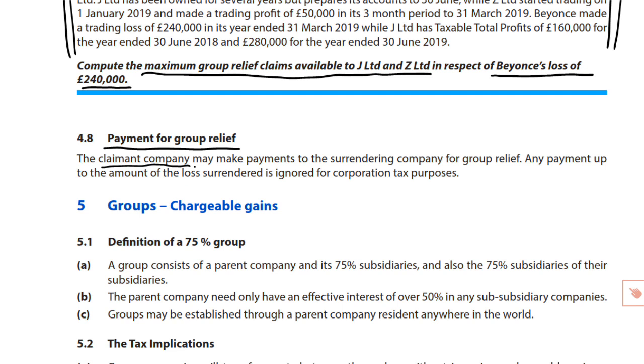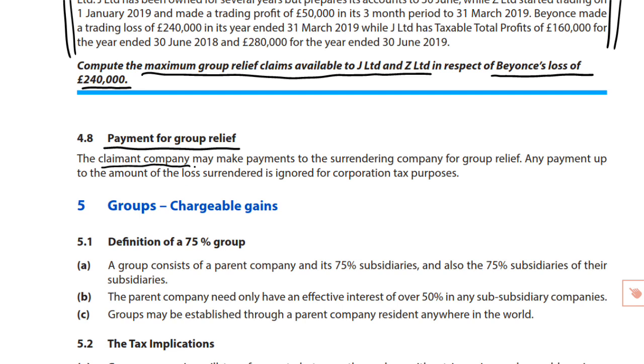The surrendering company, of course, has given up that loss. Had it not given up that loss, even if it could not have used it now against its own profits, it would have been able to carry forward that loss to reduce future profits, and if not save current tax, then save future tax. They have foregone that benefit.